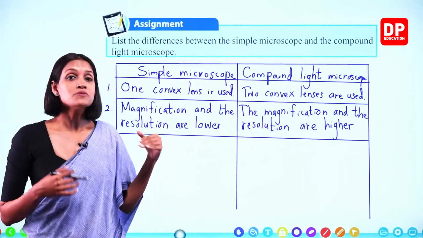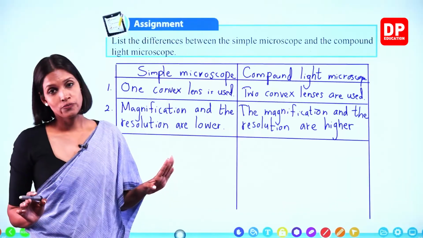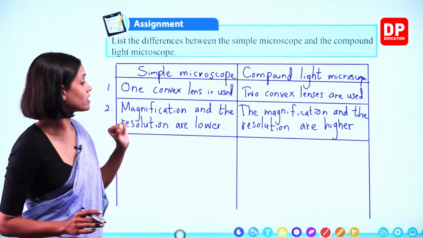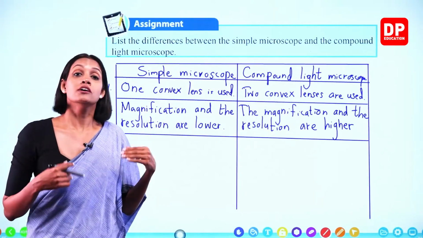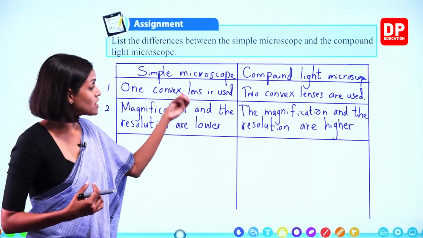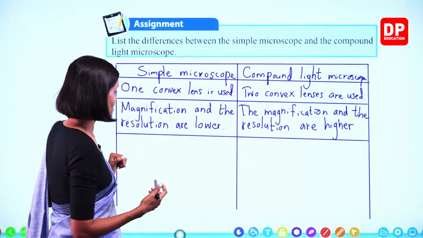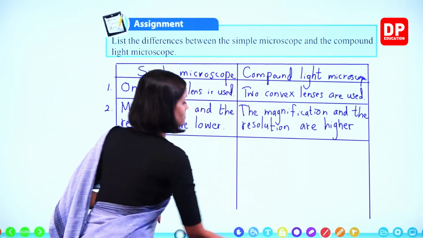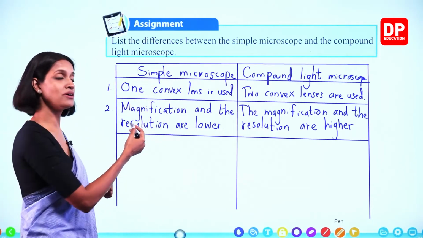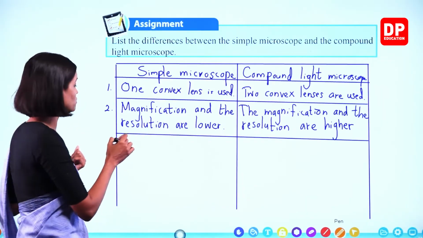Are the microorganisms visible with the naked eyes? No. So therefore, the compound light microscope can be used to magnify objects that are not visible with the naked eye. Right? We will write that difference as well. Even though we use a simple microscope, we cannot observe the microorganisms.